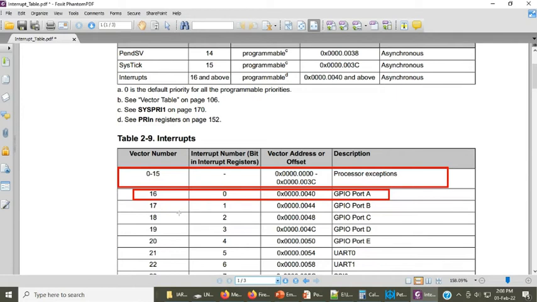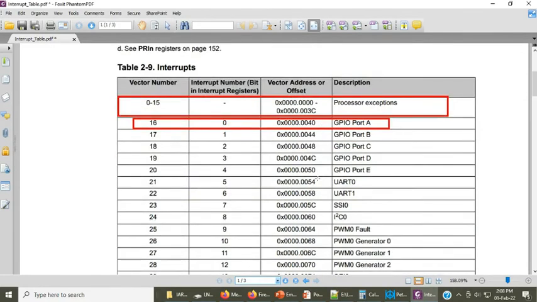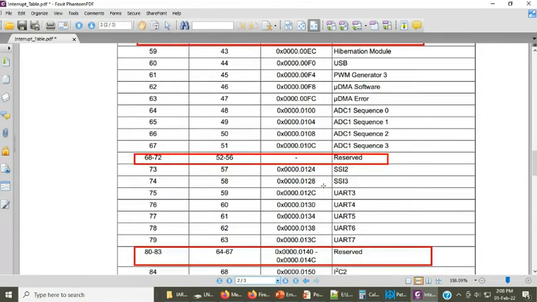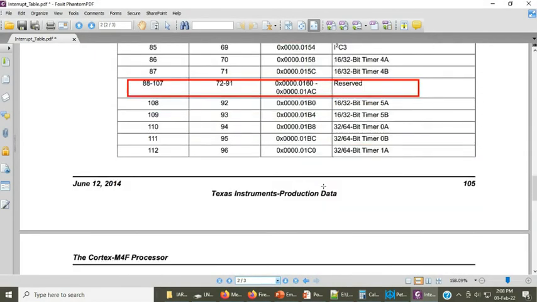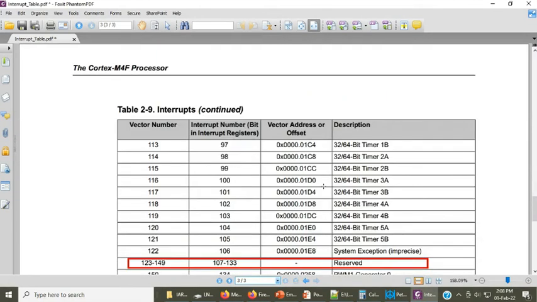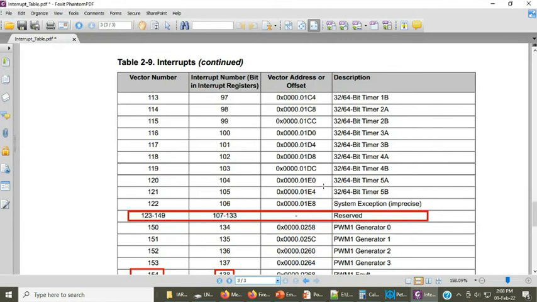Okay, so 0000, the starting address, is allotted to exceptions. If someone asks you what the page number for the vectors is, can anyone tell me the page number? In which page of the memory are these interrupts located?